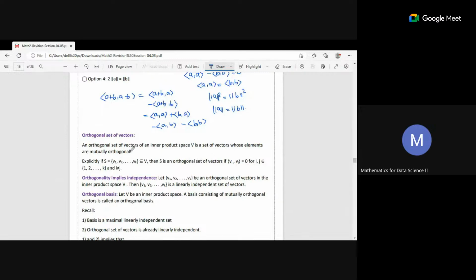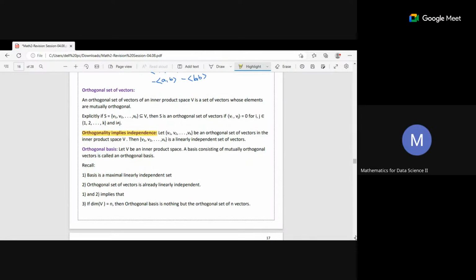And orthogonality implies independence. This is a very, very important property: if you have an orthogonal set of vectors, then it will always be linearly independent. The orthogonality concept is defined only when you have an inner product space. Otherwise, it is not defined.